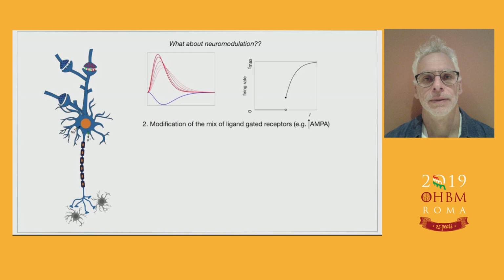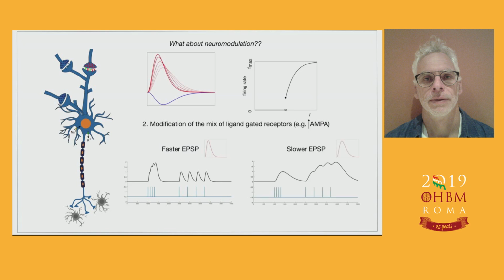And this is really important because if the alpha is very narrow, you can see these dendrites are tuned to fast spikes, and they're too fast for the slow spikes. Whereas if it's broad, they're now tuned to the slow spikes. So this is a temporal filter. And neurotransmitters can filter the frequency for which the neuron is most sensitively tuned.